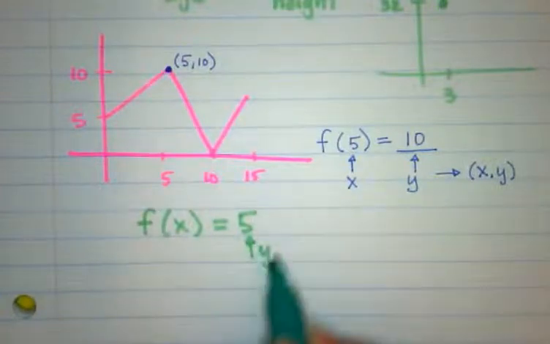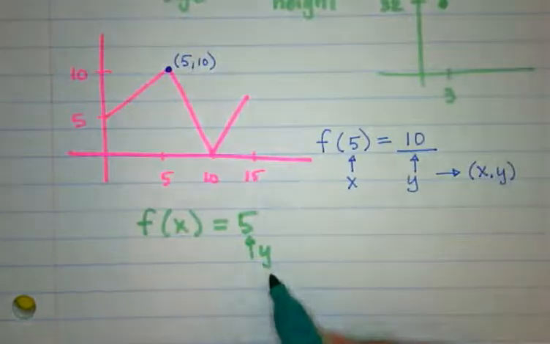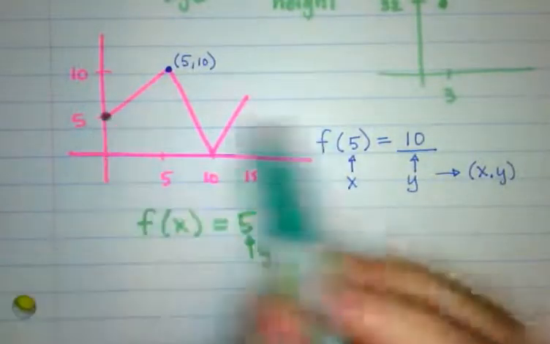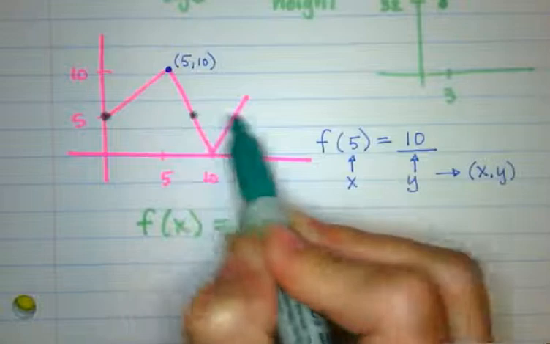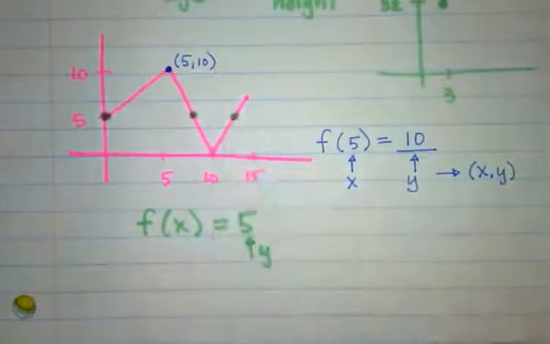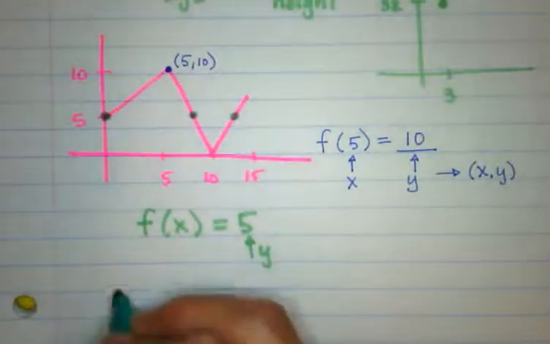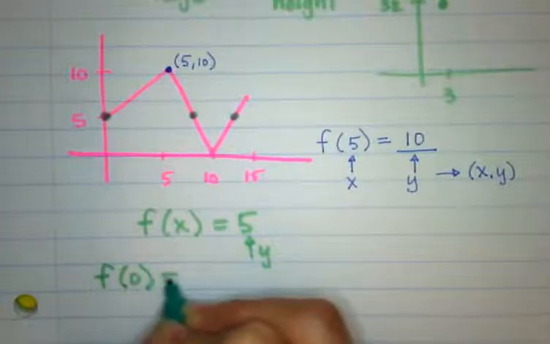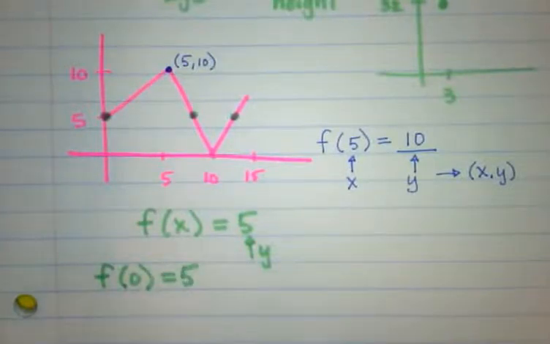So where on this graph is the y 5? Well, technically speaking, the y is 5 right there, and right there, and right there. So I could say that when x is 0, y was 5.